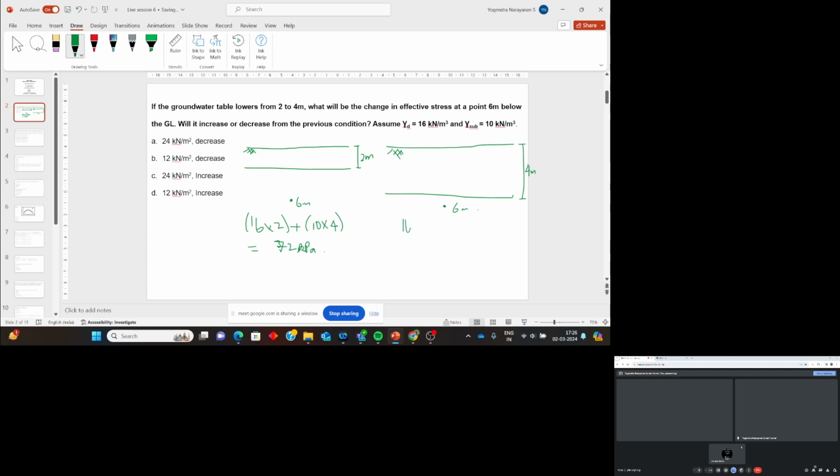And for this condition, it will be 16 into 4 plus 10 into 2 will be 64 plus 20, 84. It is A or B? So I think A.